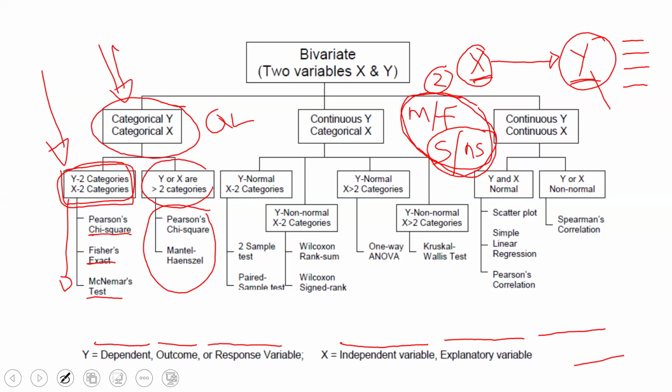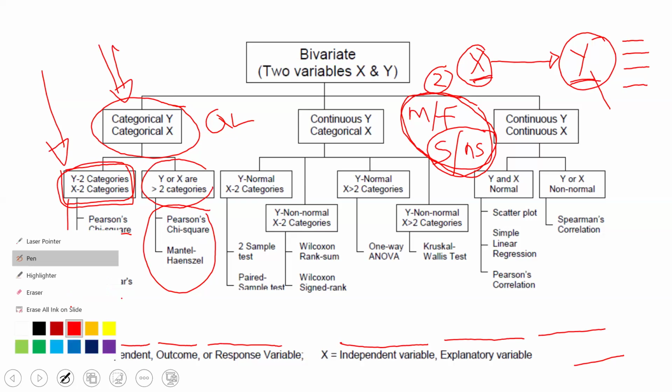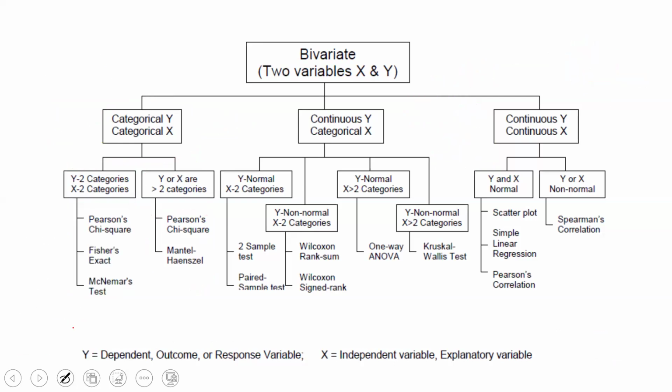We can use Fisher's exact, McNemar's test, Mantel-Haenszel test. There are some small indications for the choice of which one you eventually use. But this is just an overview. It is when we are talking about chi-square that we can now go deep and explain the particular kind of analysis one will use for such.